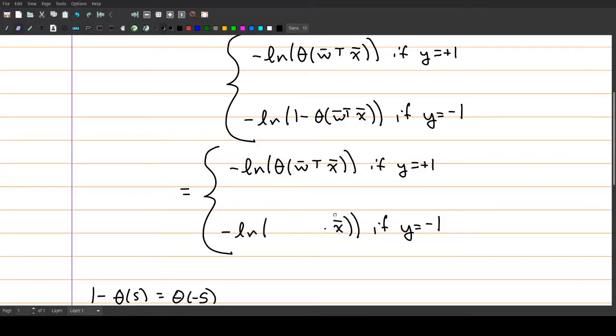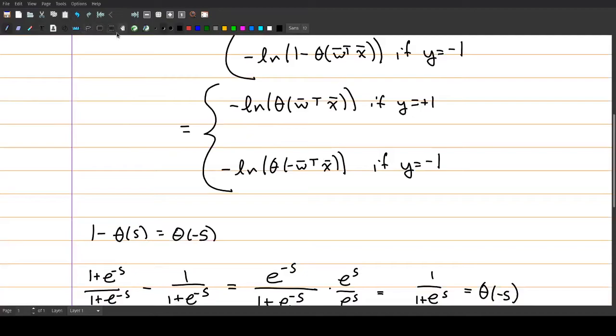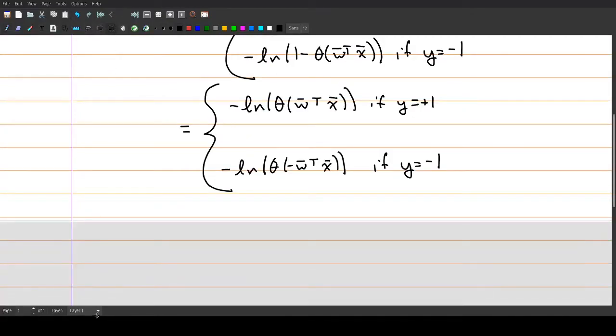Let's just erase everything in there actually. And the thing that's in there is equal to theta of minus w transpose x.